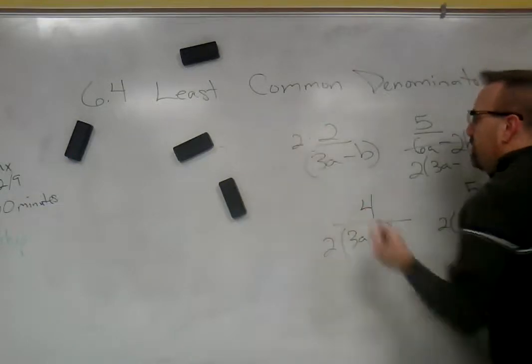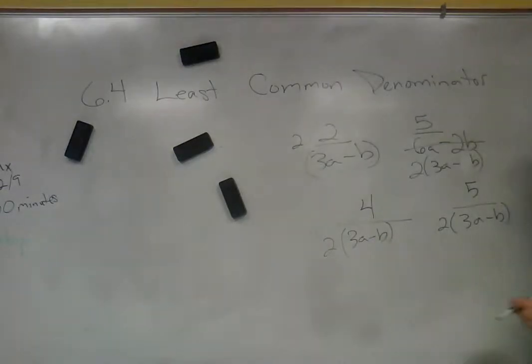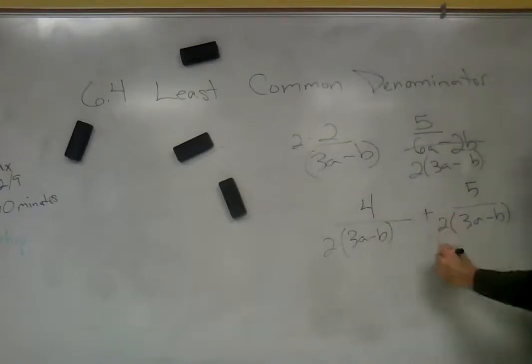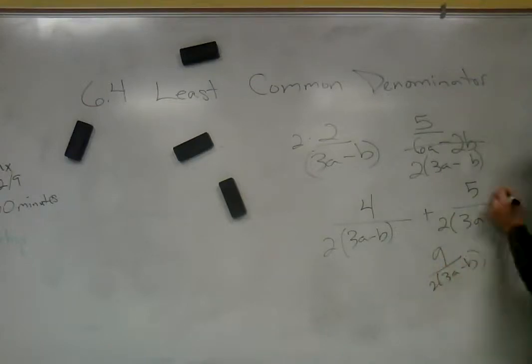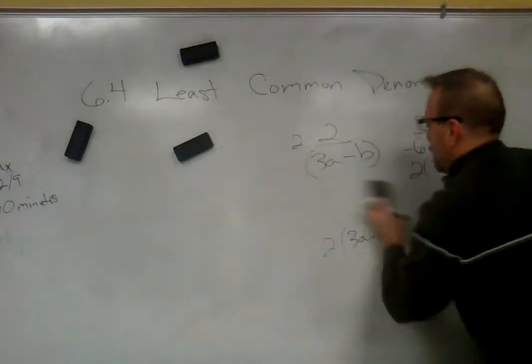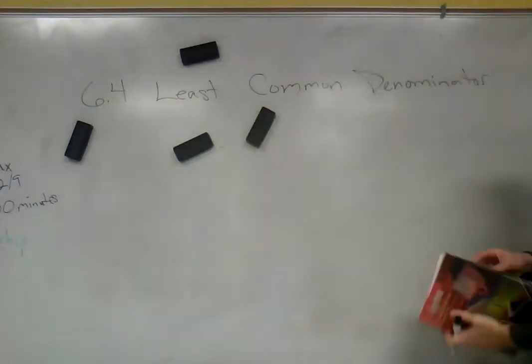So our two new fractions would be 4 over 2 times 3a minus b and 5 over 2 times 3. And then next week, we could look at adding them. Obviously, this would be 9. That's a next week part. Okay. So, all right, let's do a couple more of that nature, because those are when it gets most difficult.